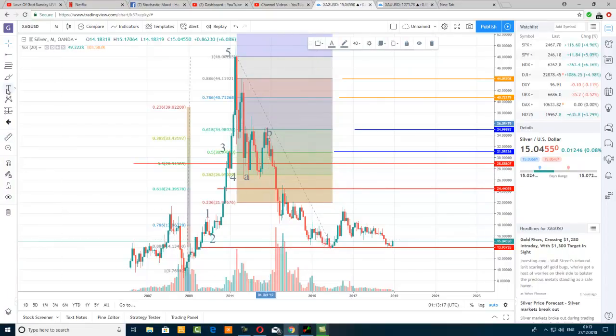and the C wave of that flat correction, instead of stopping somewhere in the sweet spot zone or a little bit below it. You see, people were buying as it dipped a little bit below the sweet spot zone, the red zone there. See the surge in trading volume, but it found resistance below the sweet spot zone. The first surge in trading volume, you can see the bar.